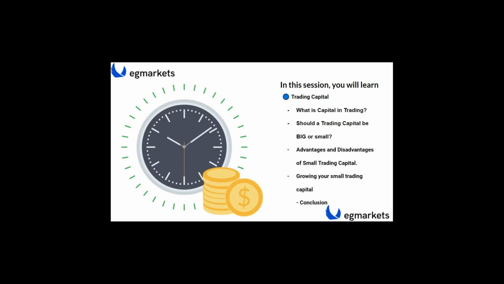Okay. The major disadvantage of small trading capital is it doesn't give you space to accommodate trades, or it doesn't give you space to allow your trades to breathe. I use a standard stop loss of 30 pips, max 30 pips.